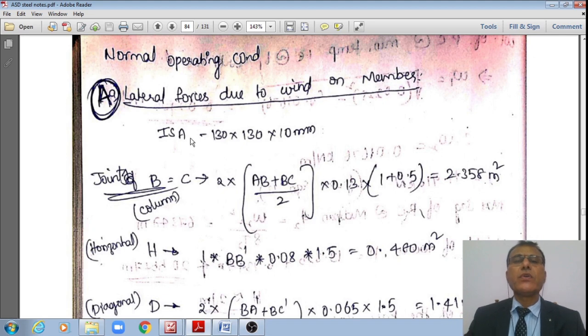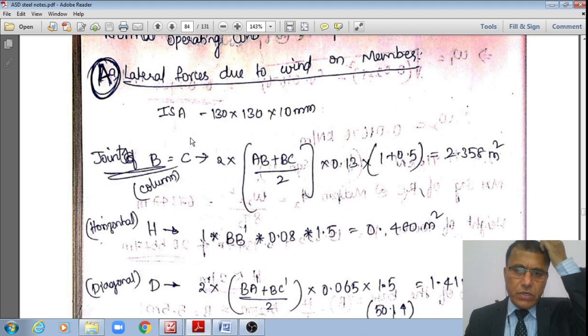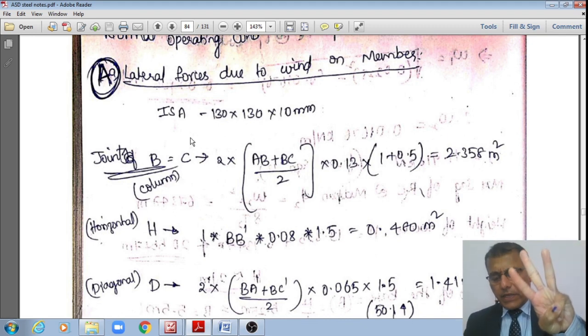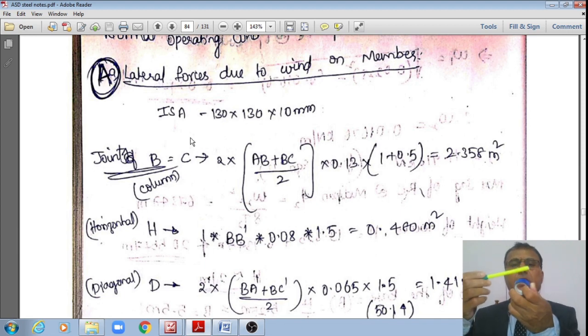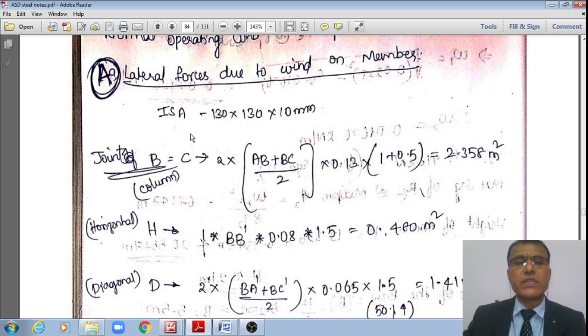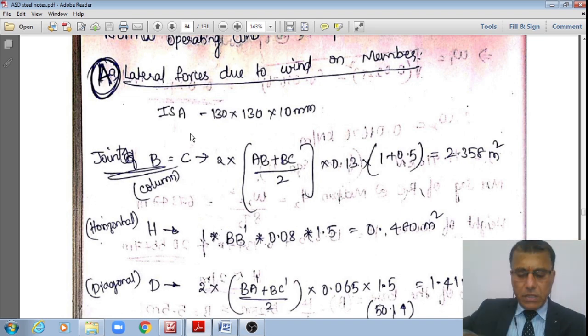One is the lateral force due to wind on the members, the second is the lateral force due to wind on the power conductor, and the third is the lateral force due to wind on the ground wire. These are the three forces that will be there. In addition, I do have the vertical forces, as well as the overturning moments. If at all they are snapped, then the torsional forces. However, we'll see that in the next bit.